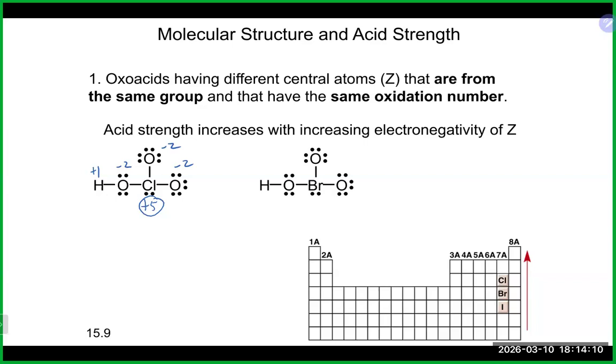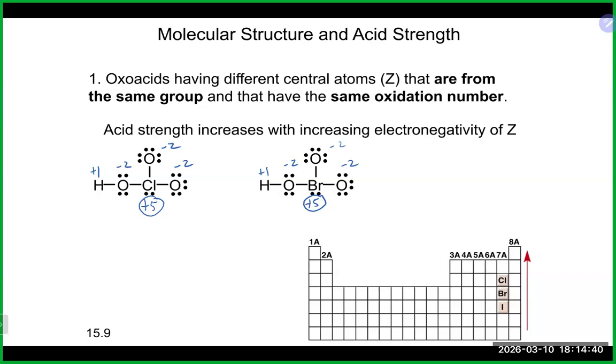When you look over here, the oxygen again is -2, -2, -2. Hydrogen once again is +1. So the oxidation state on our bromine to balance it out to 0 is going to be +5. So in this case, the central atoms both have the same oxidation number, which means you cannot use that to compare acid strength because they're obviously the same.